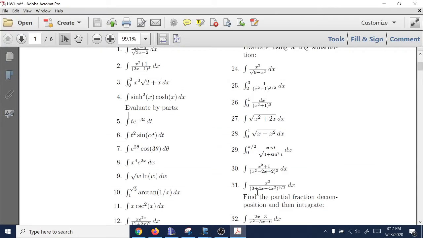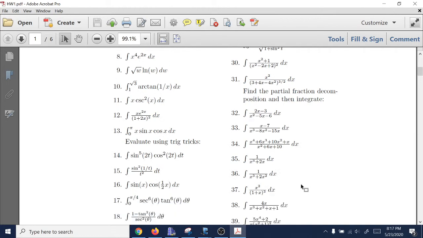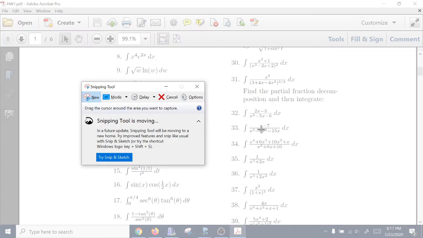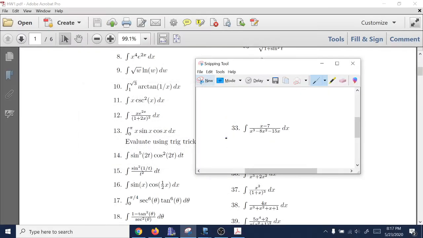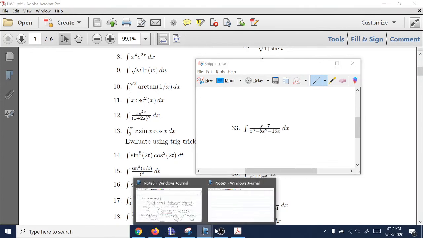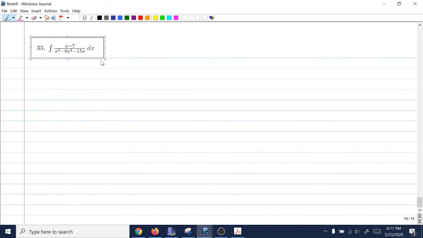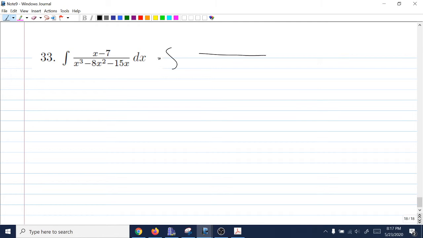Let's see, that was the last trig substitution one, right? Okay. Oh, here we go. Partial fractions. Let's mix this up. Do some factoring. I can factor an x out. I'm left with x squared minus 8x minus 15. Can I factor that?